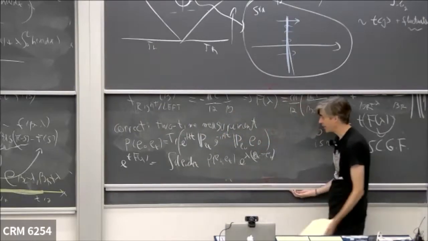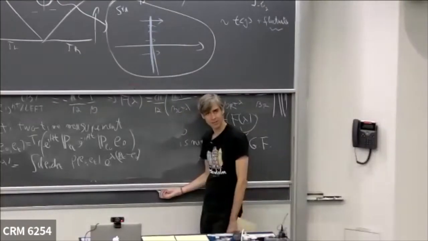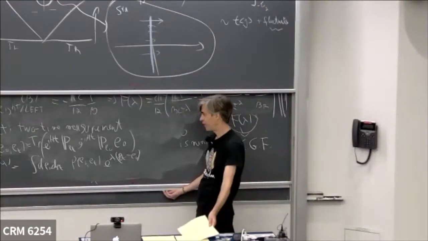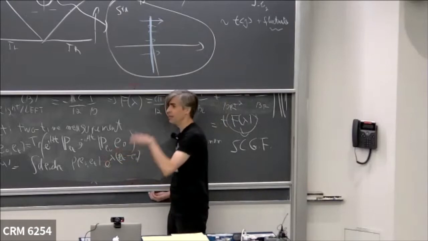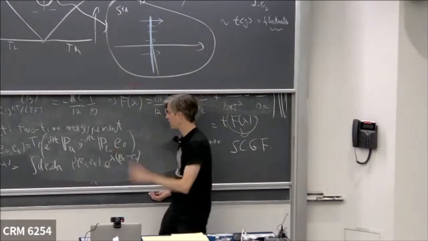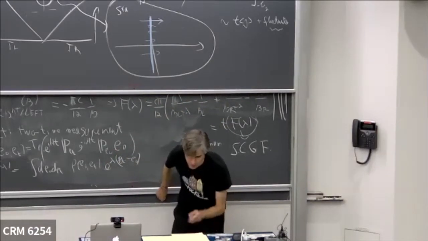And this is what I actually would like to calculate, right? So I have a distribution of things that I measure in the experiment, the energy before and the energy after.